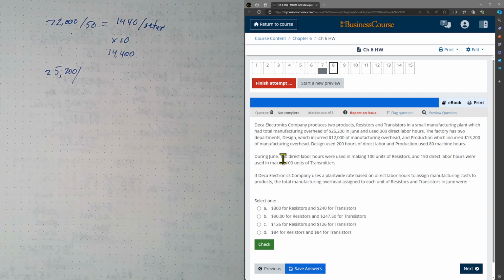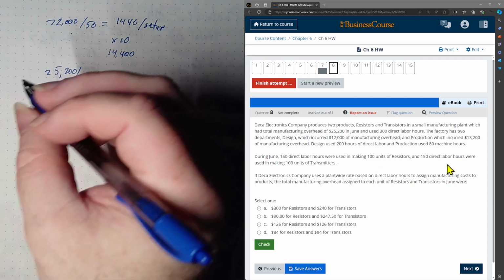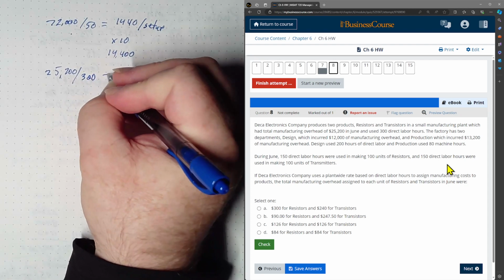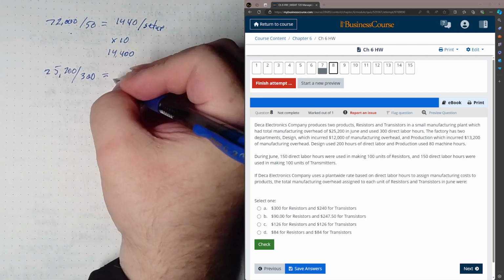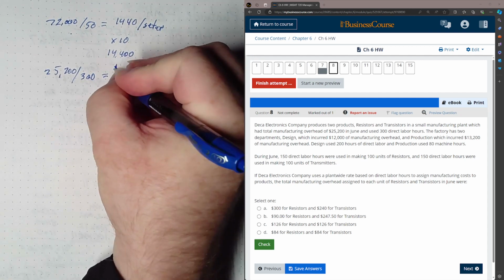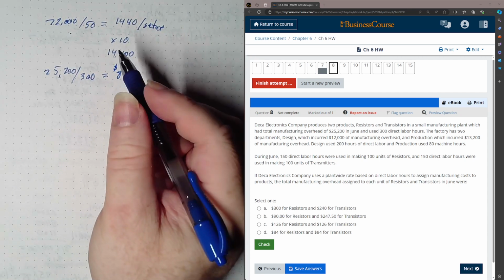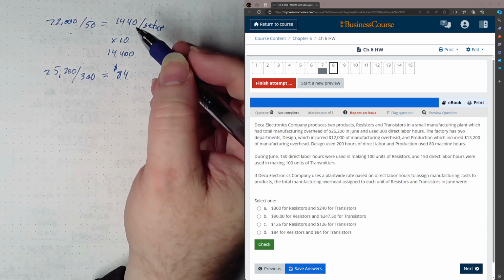It says 150 for resistors and 150 for transistors, so divided by 300 total labor hours. Let's see, 25,200 divided by 300 equals $84.